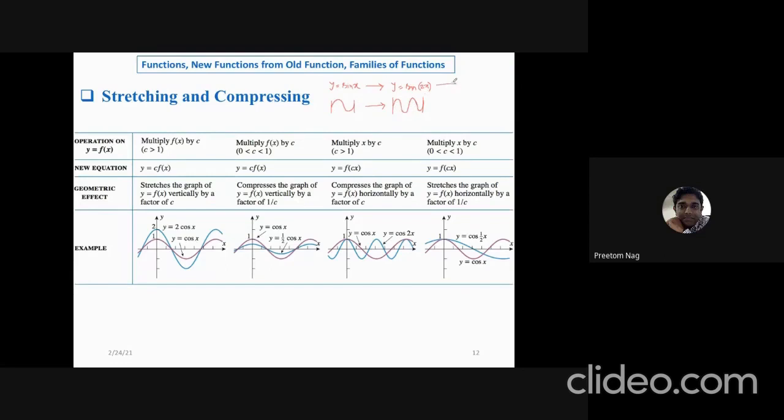And if we then consider y equals 2 sin 2x, what this graph is showing is that if we multiply x by some number, the graph will compress and more oscillations will appear.